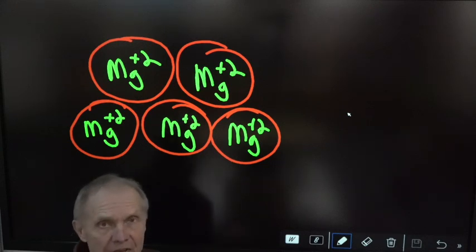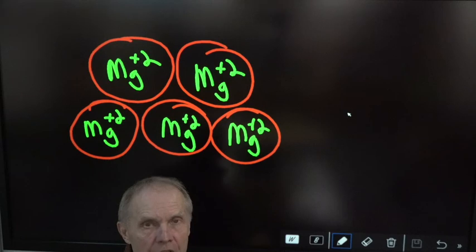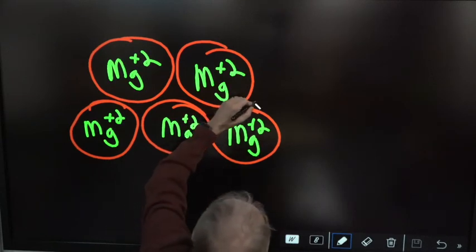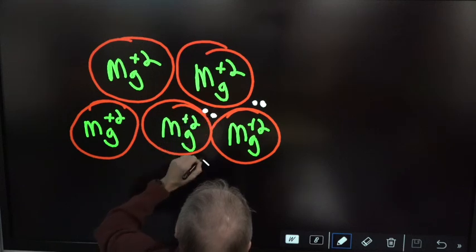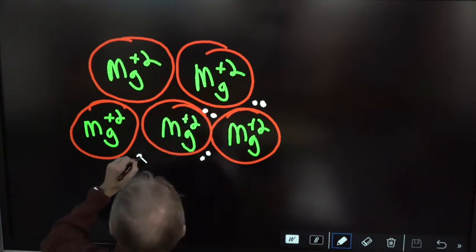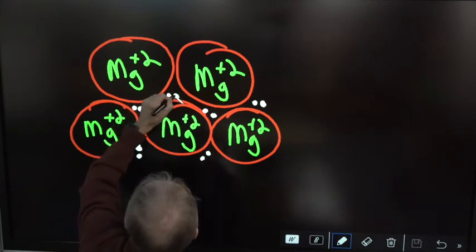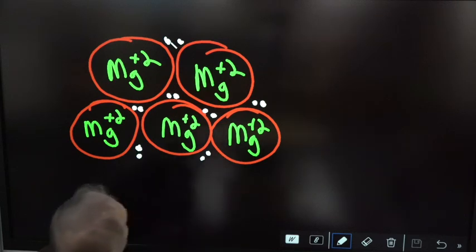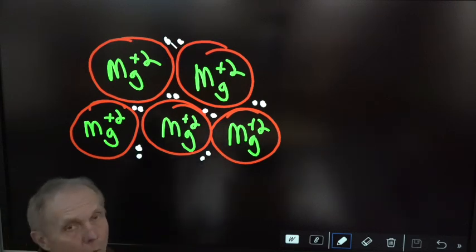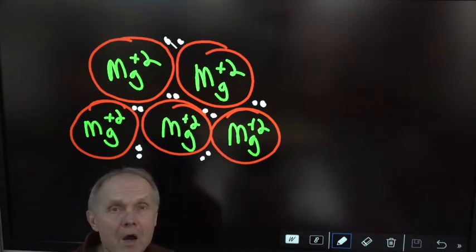Now, surrounded by a sea of mobile electrons, well, the plus 2 means it lost 2 electrons. So here are the 2 electrons, 2 there, 2 there, and so on. So these white dots are valence electrons, and they're free to move around.